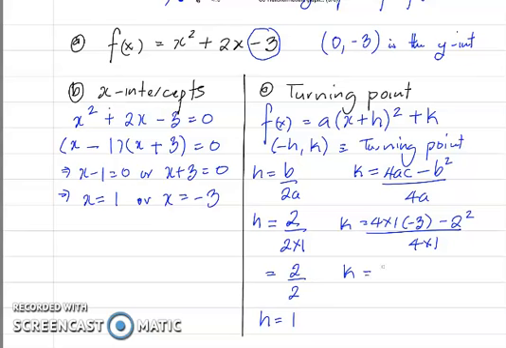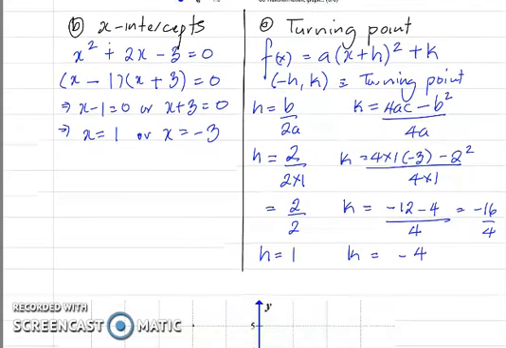k is equal to 4 times 1 is 4 times minus 3 is minus 12. Minus 2 squared is minus 4, all over 4. This is minus 16 over 4. So k is equal to minus 4.